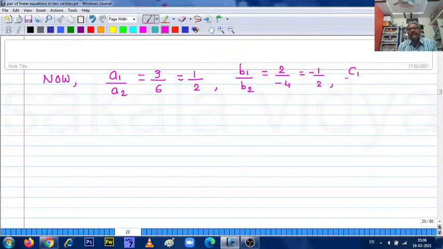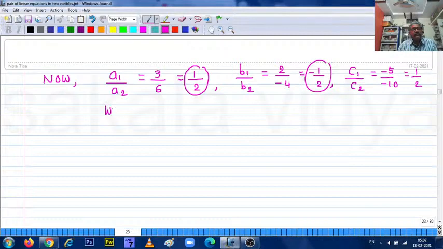Next c1 by c2 equals minus 5 by minus 10. The minus signs cancel, so it is 1 upon 2. But first compare a1 by a2 and b1 by b2. What do you observe? a1 by a2 is 1 by 2, whereas b1 by b2 is minus 1 by 2. 1 by 2 does not equal minus 1 by 2.